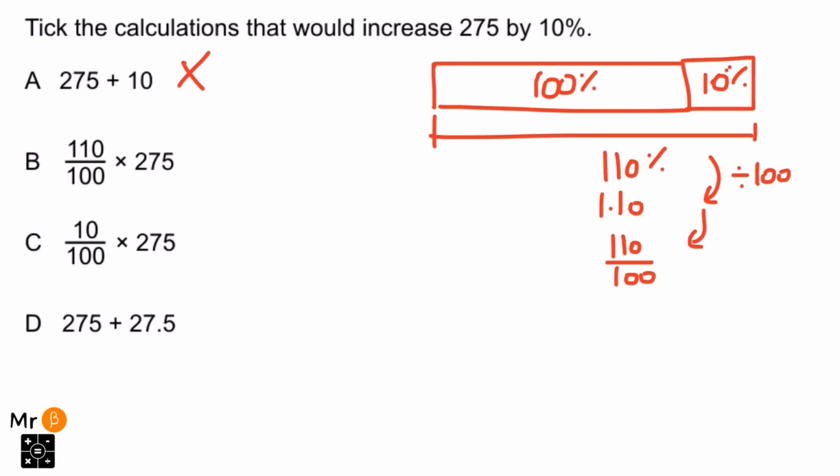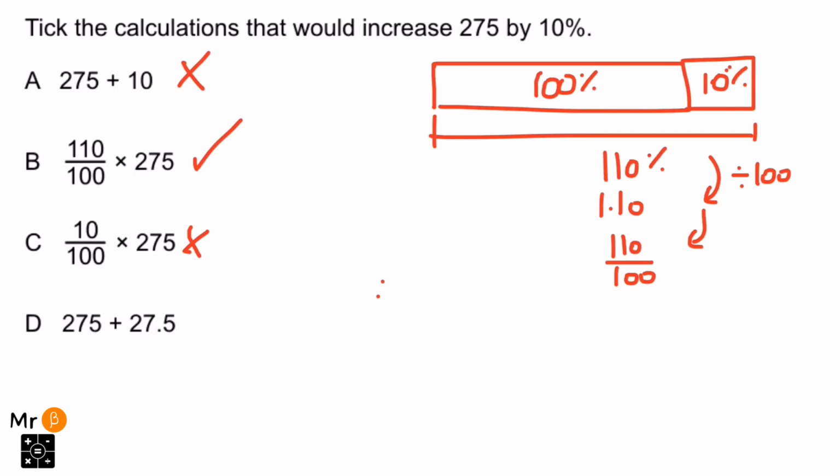So actually, timesing that by 275 would increase it by 10%. Part C, that's actually working out what 10% is, because it's 10 over 100 times 275. So this one would only find 10% and it wouldn't increase it.